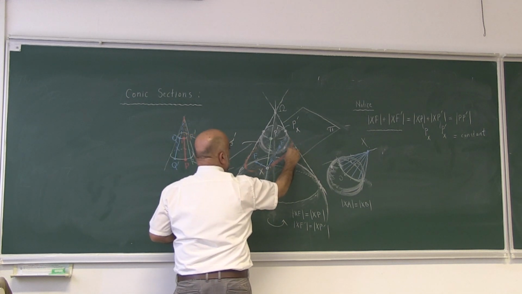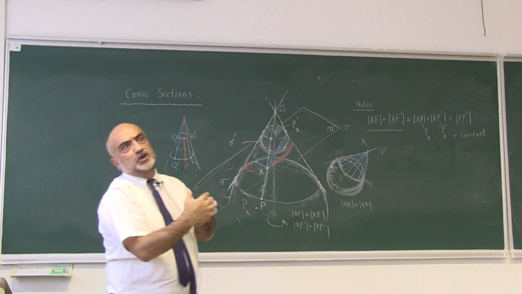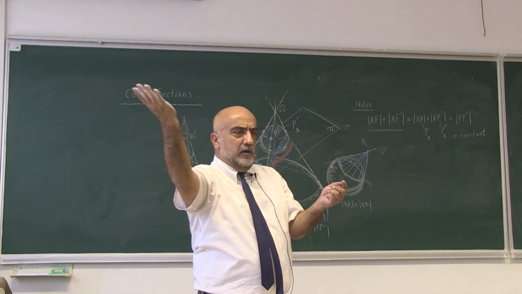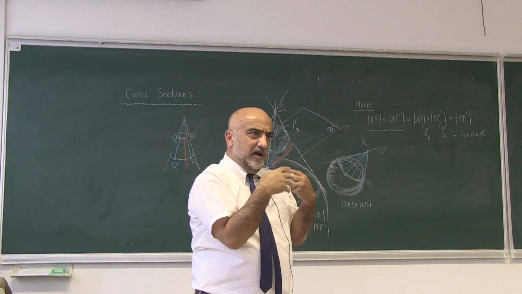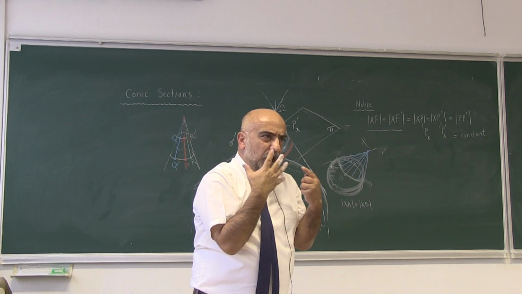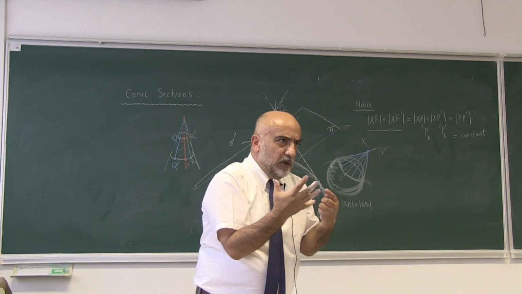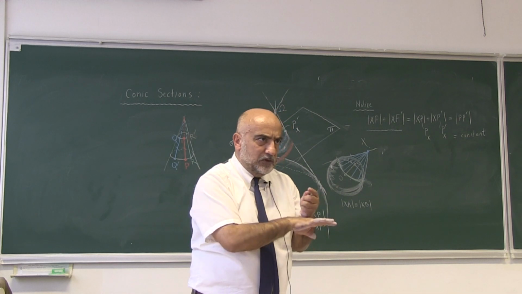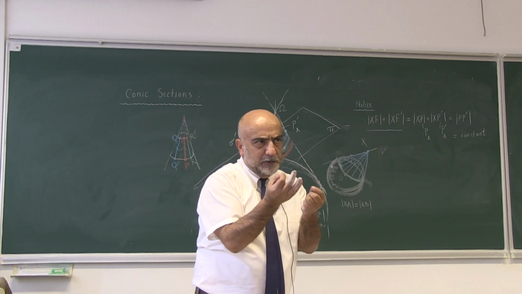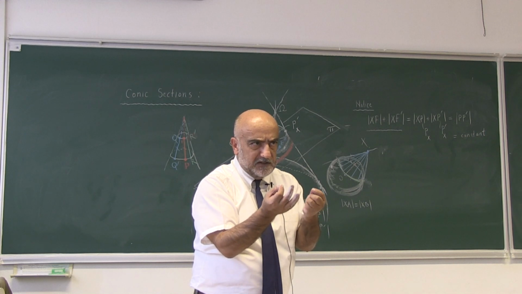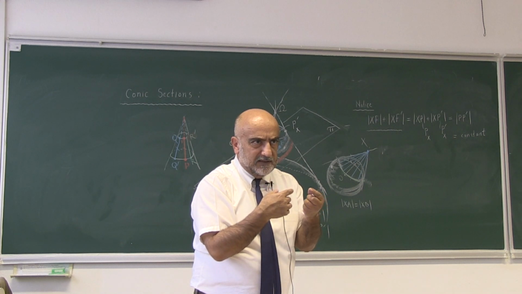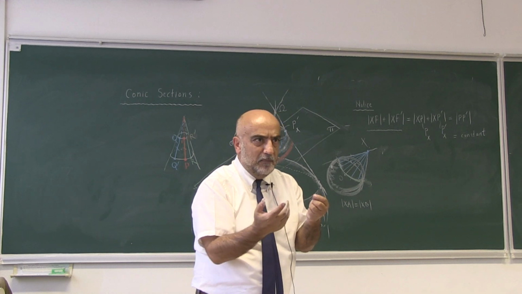The red curve, the curve that I have obtained by intersecting a cone by means of a plane, is a kind of curve which has in its plane two significant points, f and f prime, so that the curve is characterized by the following property. The sum of the distances of any point on the curve to f and f prime is a constant.